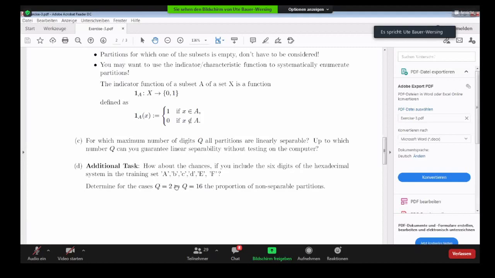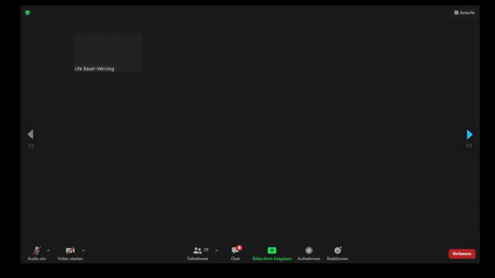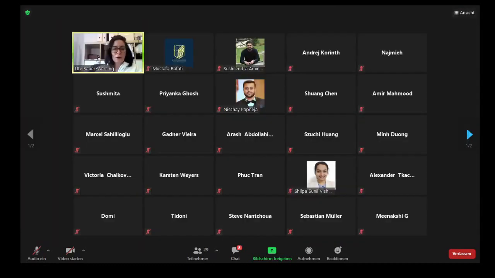And now we look at the results for including more and more training samples and look at how the number of non-separable partitions develops. So I show you a plot.